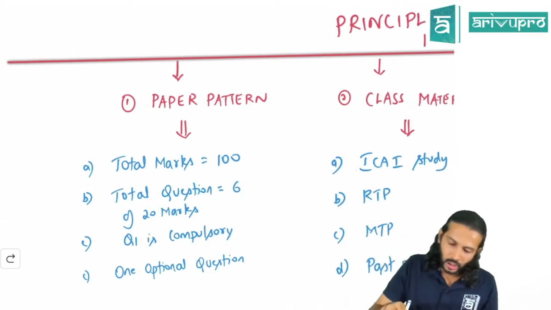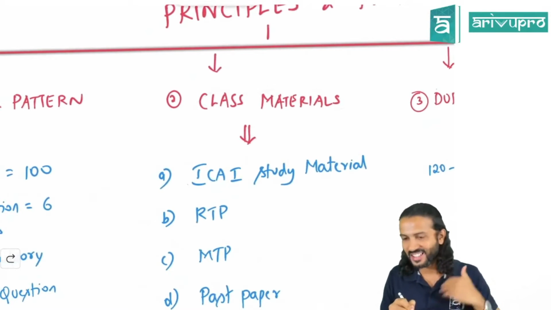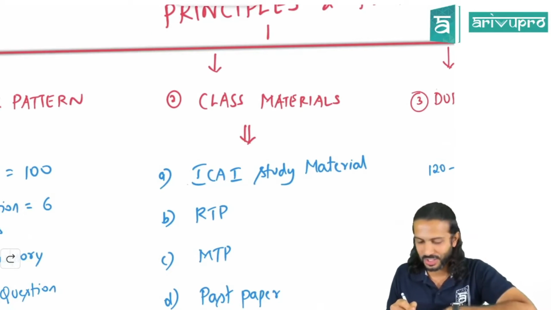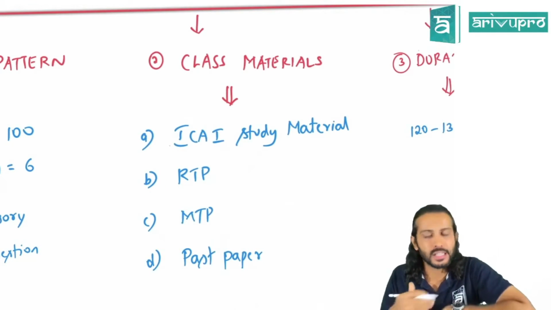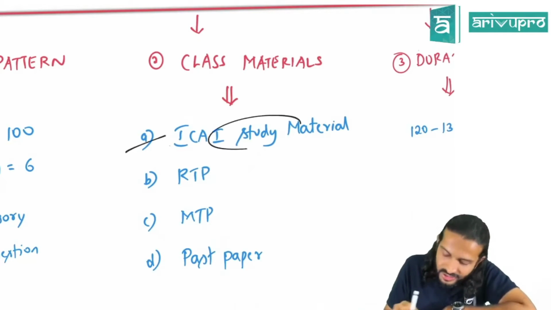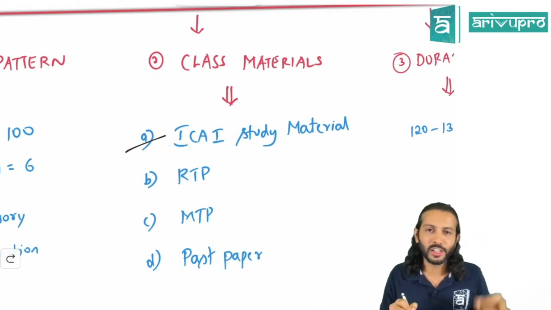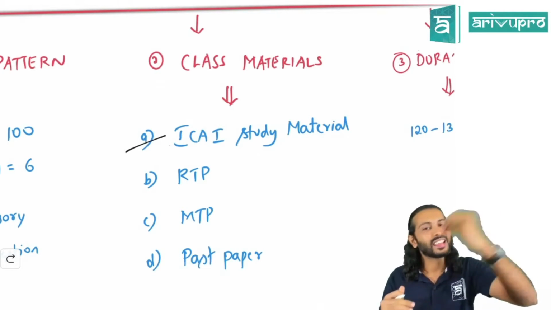Next is our class materials. I have sent you the notes, and you must have received them on the group. So how have we constructed our class notes? First, the ICAI study material. The Institute of Chartered Accountants of India gives you the study material.